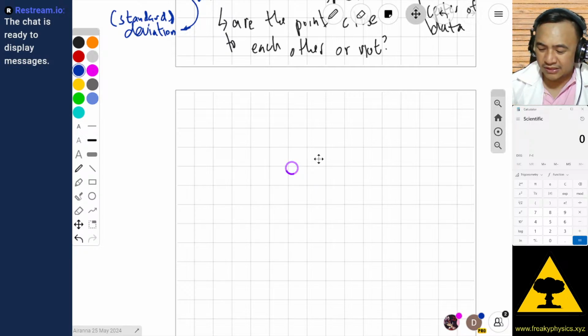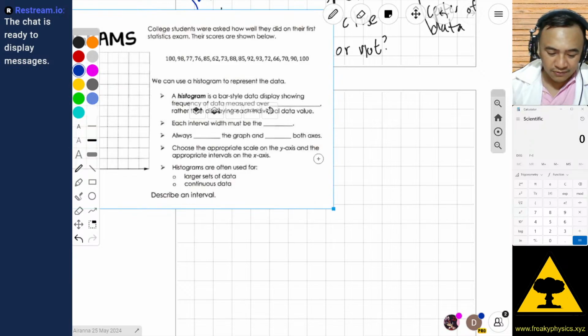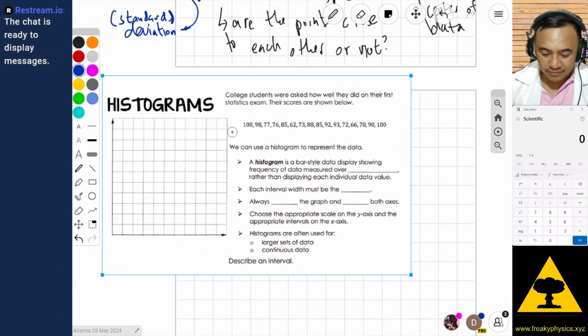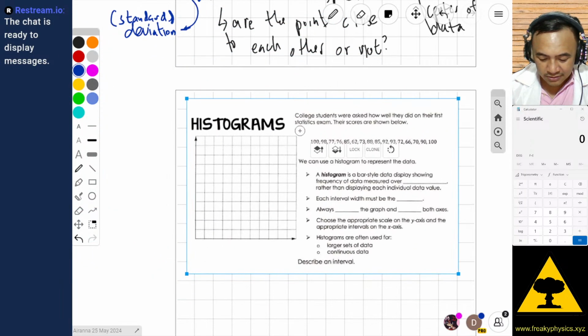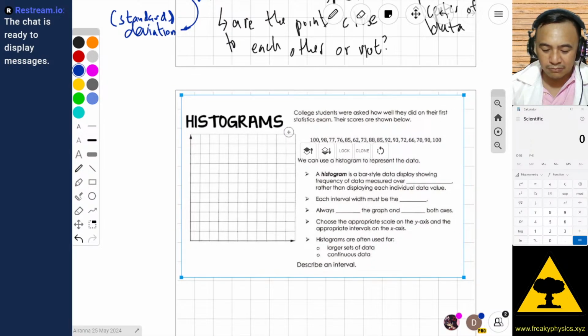While that's loading, the example we have here in your notes is test scores, right? Now, if you think about this, if test scores are expressed in percentages, they can actually be continuous, right?